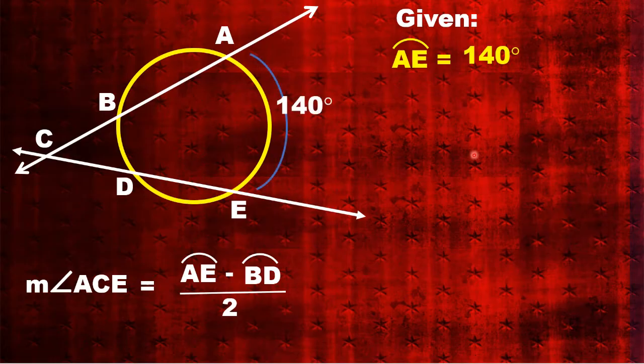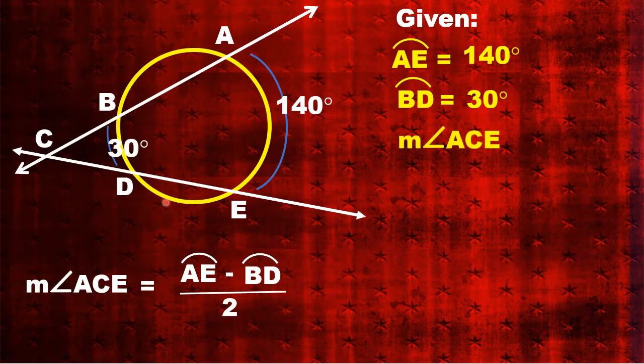Now, say the given information, arc AE is equal to 140 degrees, from here to point E. Arc BD, this one, is equal to 30 degrees. Now, we will be looking for the measurement of angle ACE, which we will represent as X.